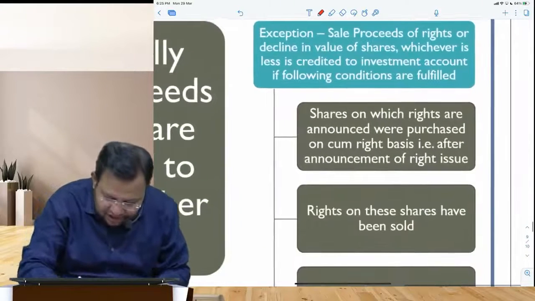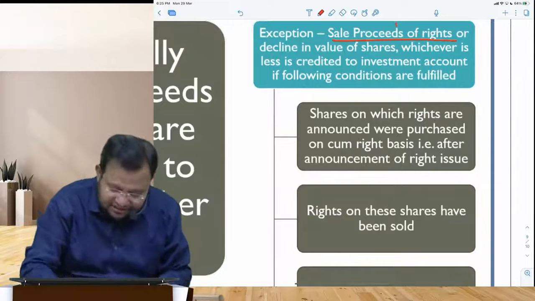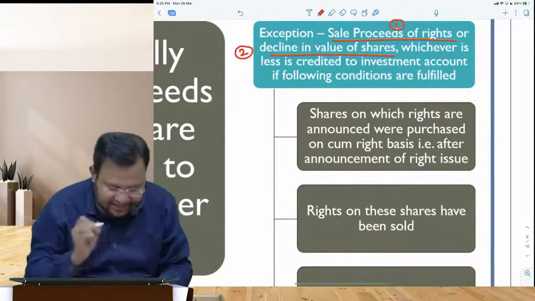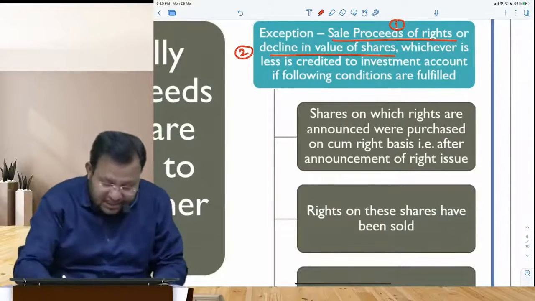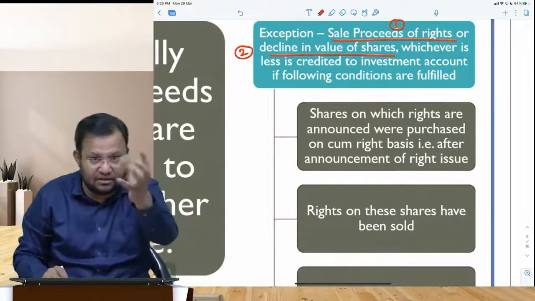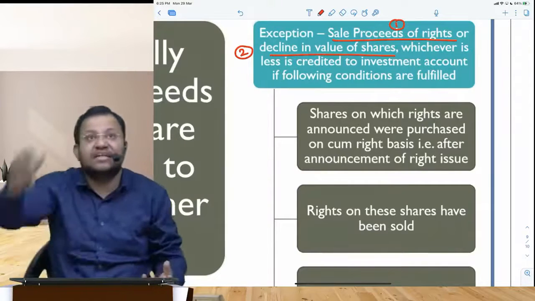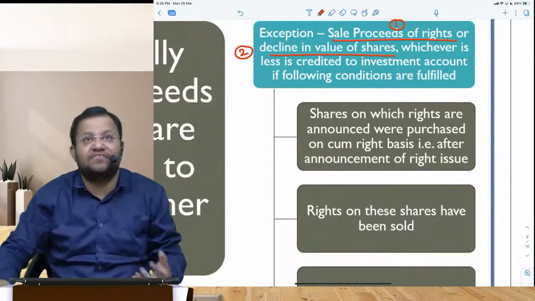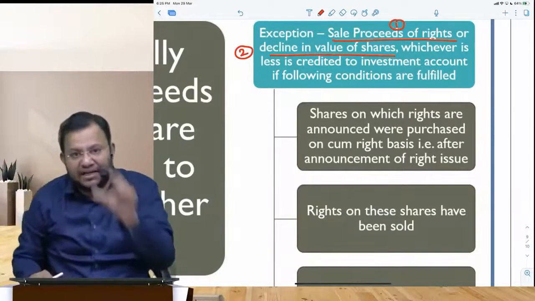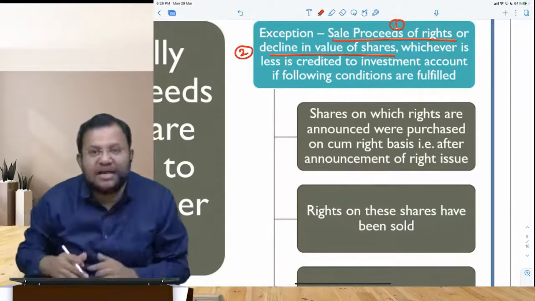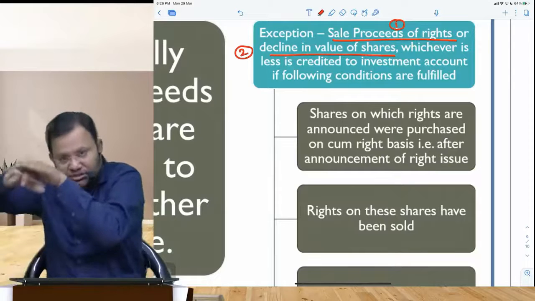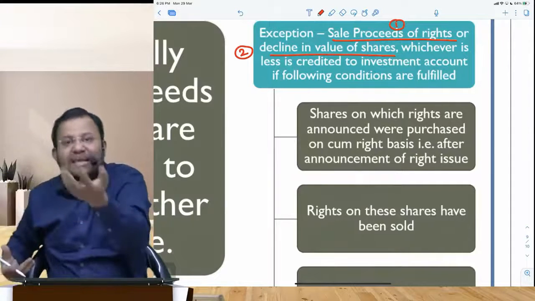The exception is: sale proceeds of right, this is the first amount, or decline in the value of shares, this is the second amount. Whichever of the two is lower. Sale of right amount is clear. Decline in the value of investment, from which date? Date of purchase of shares till the date of right. Normally, as a result of a right, the value of shares does come down because there is some bonus element in the right issue.